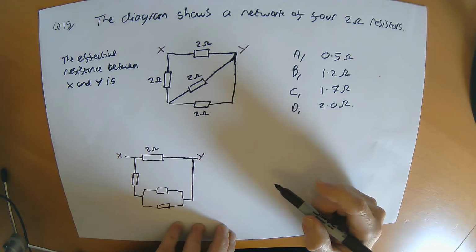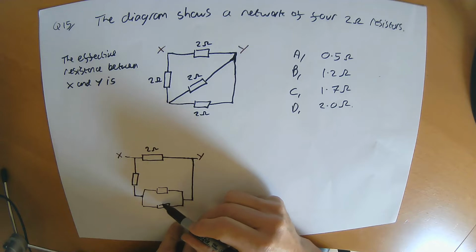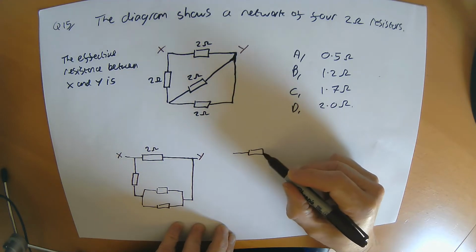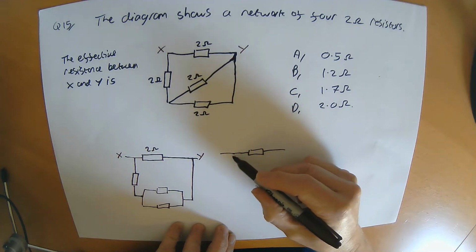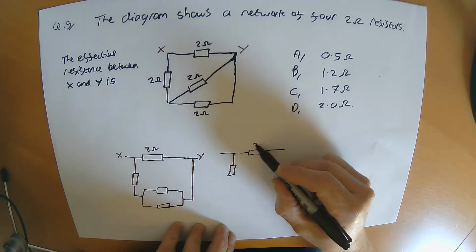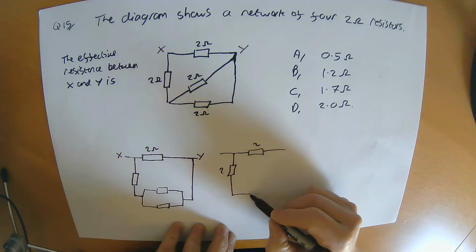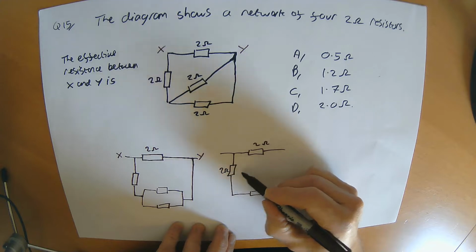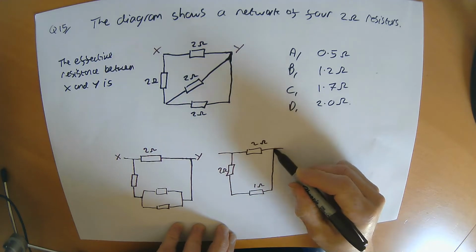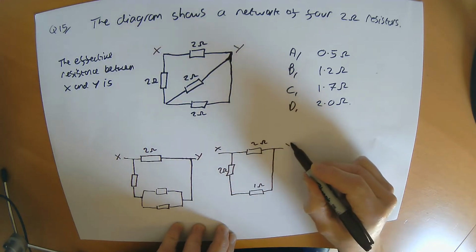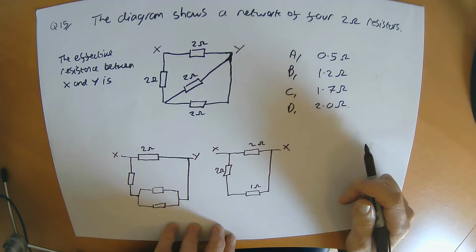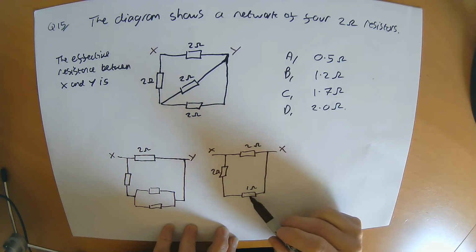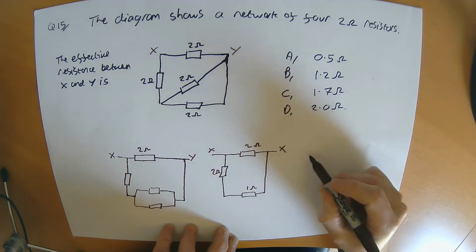So we can first of all say that these two combined form a single, or are equivalent to a single resistor with a 1 ohm resistance. Now we have point X here and point Y here, and between them we have a 2 ohm resistor in parallel with a 3 ohm resistor.